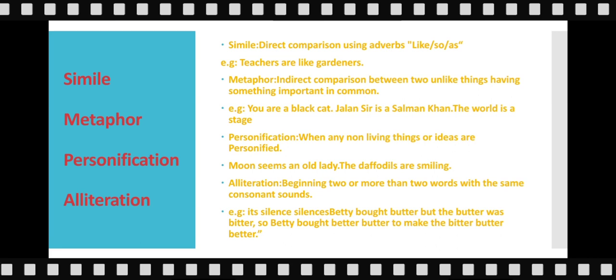So you are a man and cat is another thing, but both have some qualities in common. So you are a black cat, Jalan sir is a Salman Khan, the world is a stage. There is no like, no so as, but there is a comparison, and that is indirect comparison, and both the things are not alike. Okay, so this is metaphor.